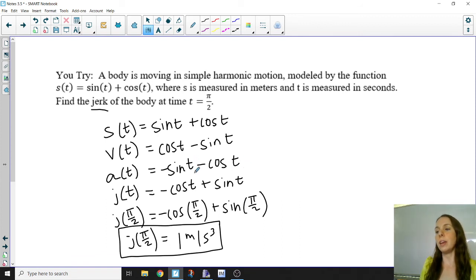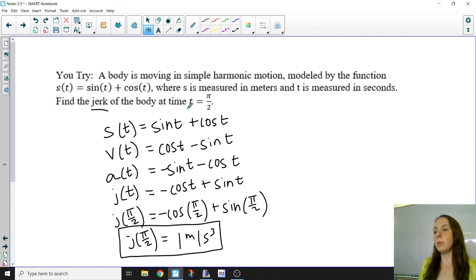The derivative of cosine is negative sine, the derivative of negative sine is negative cosine, and so on. This is what you should get as your jerk function, or your third derivative. The derivative of negative sine is negative cosine, the derivative of negative cosine is positive sine.